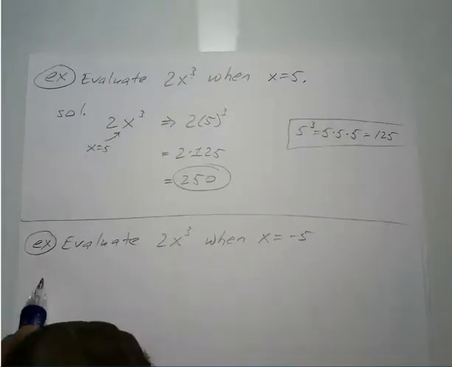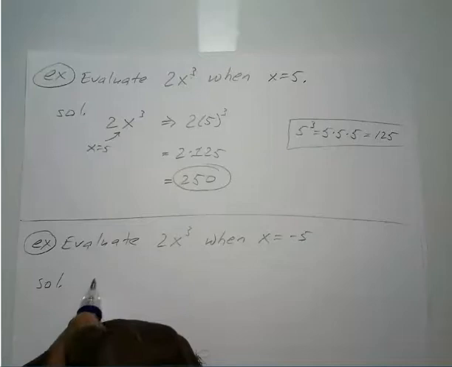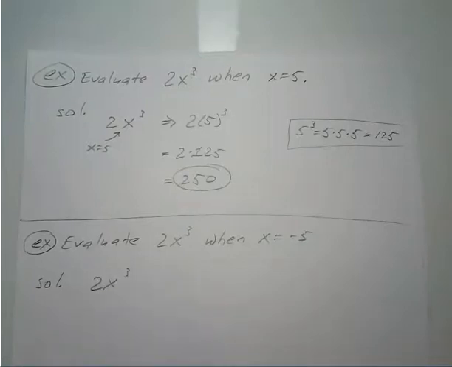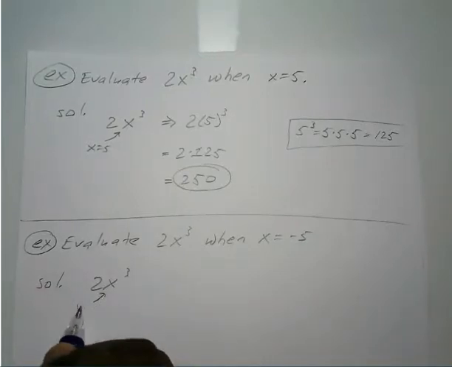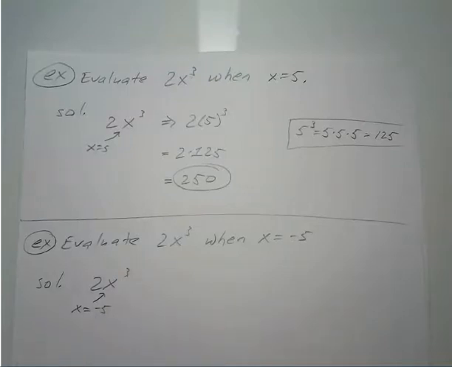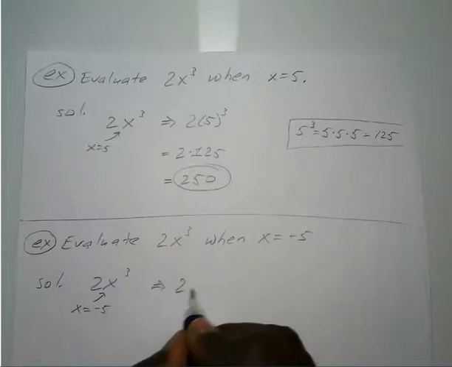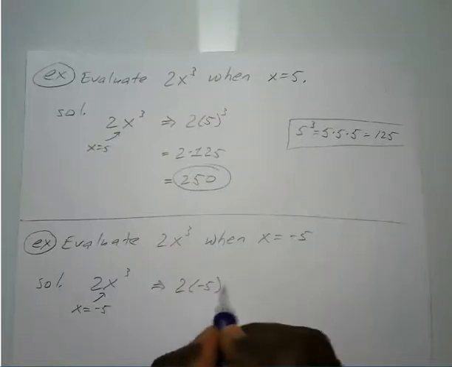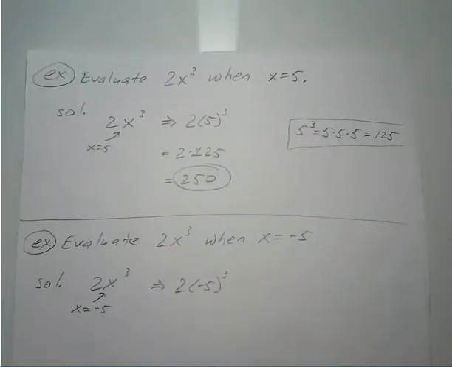All right, so again, you have 2x to the third power, but this time x is equal to -5. So that will become 2 times (-5) to the third power. And again, remember that exponent only applies to the value to its immediate left. So because that entire -5 is in parentheses, that 3 applies to whatever is in those parentheses.